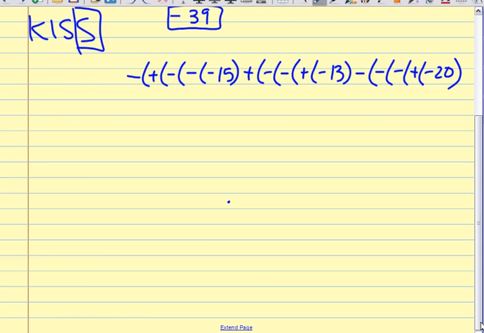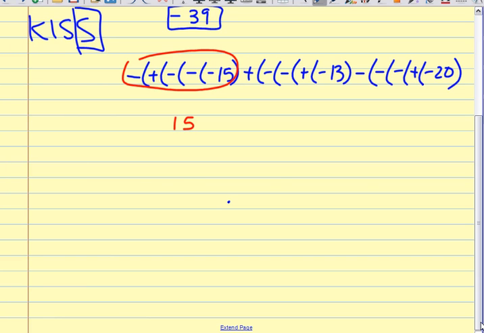Let's see. What should this first one be when I simplify all that craziness? What should it be, Paris? Paris says it should be positive 15. Does anyone disagree with that? Sarah says she disagrees with that. Sarah, how many negatives are in front of the 15? Okay, so Sarah's backing off of that.